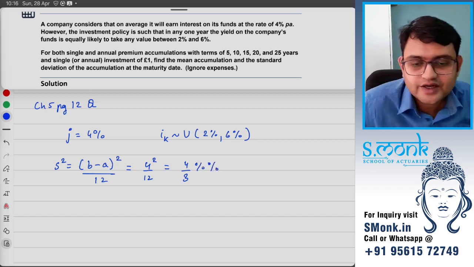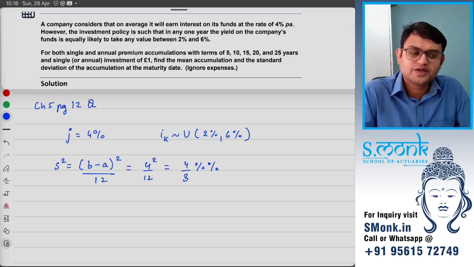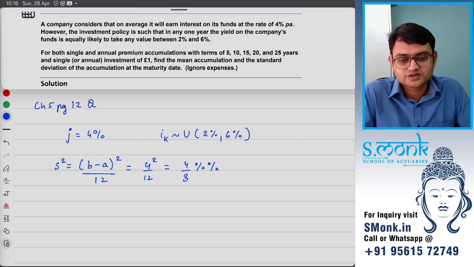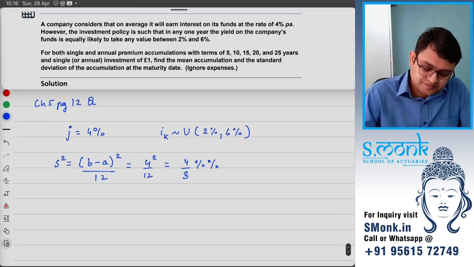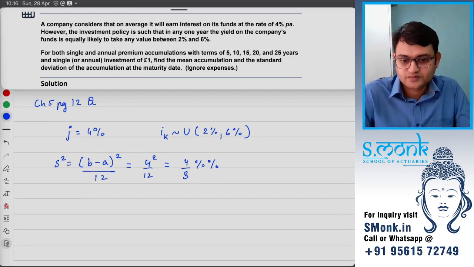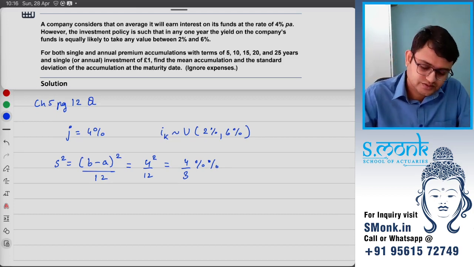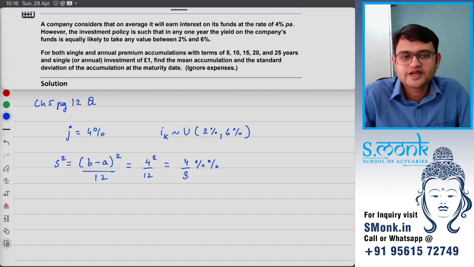You can write it in terms of decimal places as well. Percentage will be divided by 10,000. Right? Now we have found j and s.